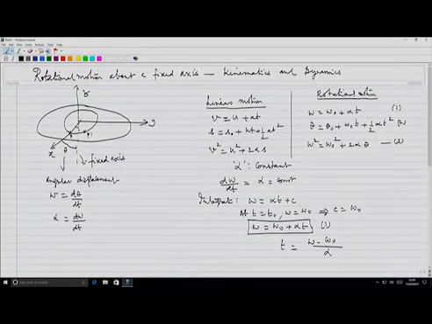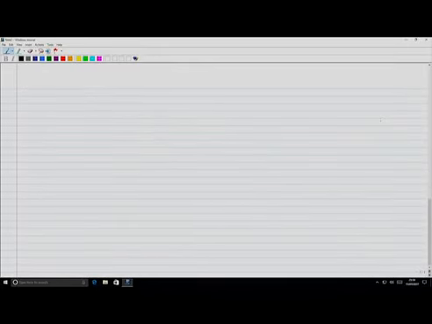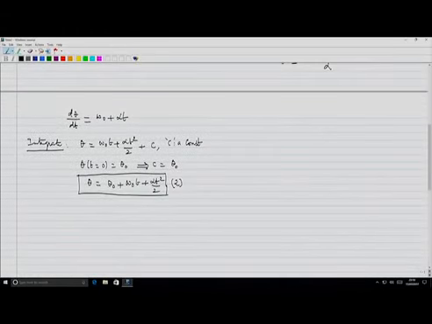If you eliminate t between 1 and 2, we will leave it as a simple exercise.